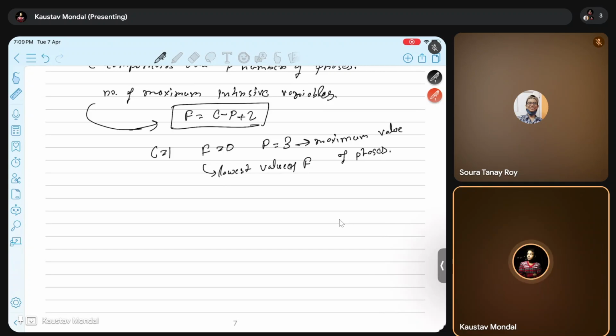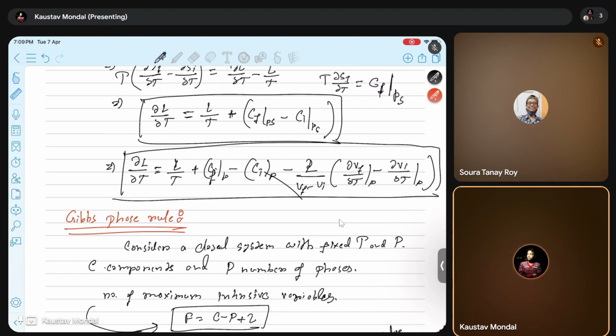And you know that for a first order phase transition, the Gibbs free energy remains continuous, the first order derivative of Gibbs free energy gives a discontinuity, and the second order derivative of Gibbs free energy diverges at the critical point. So those were the primary properties of first order phase transition.